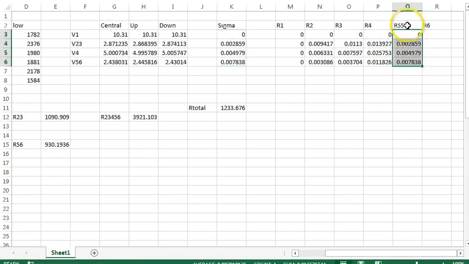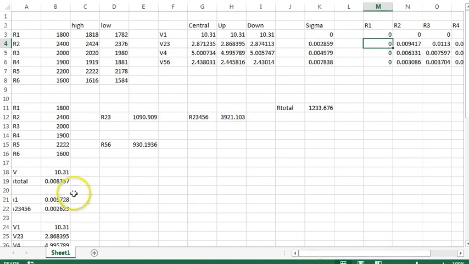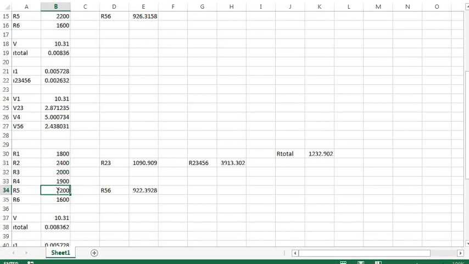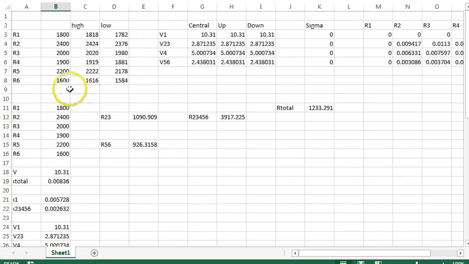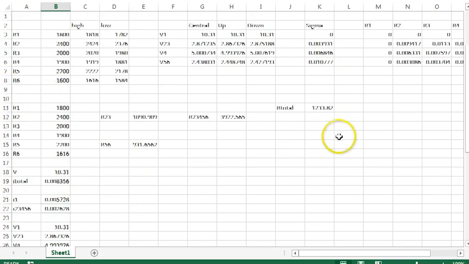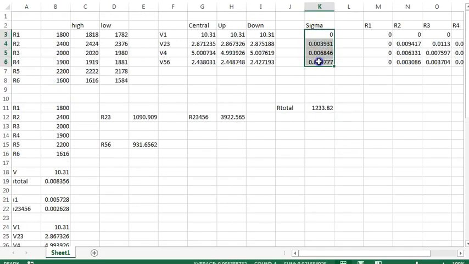Paste those values over. If you notice, I'm pasting values every time I do this, so these are numbers, right? All right, 2200 and then 1616, 1584. And now we've got our final set of errors.